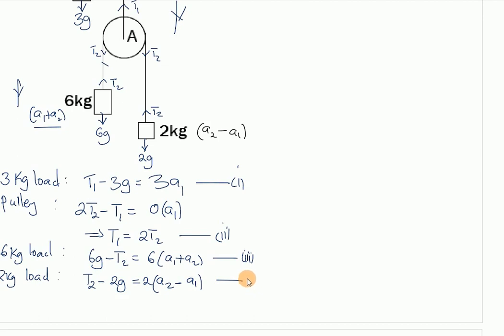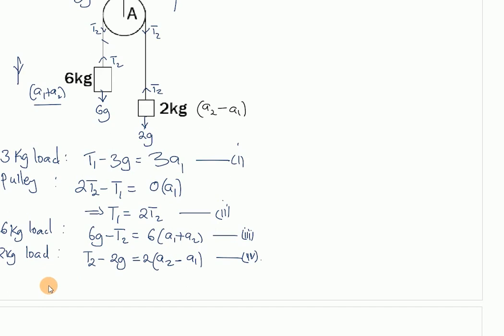Call that equation number 4. We have 4 unknowns, the 2 tensions and the 2 accelerations. And since we have been able to generate 4 equations, we can solve the 4 unknowns.